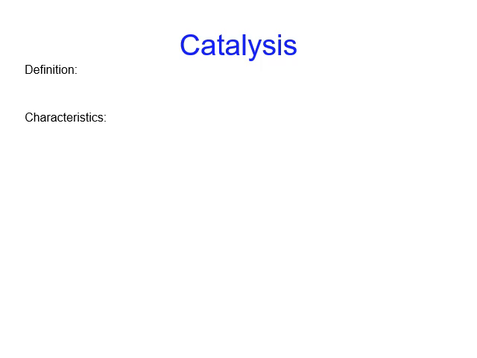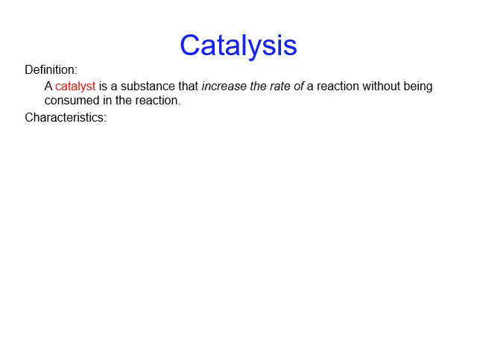In kinetics, the catalyst plays a very important role. A catalyst is a substance that increases the rate of reaction without being consumed. This is very important because many factors can affect the reaction rate, but only a catalyst can change the rate without being consumed in the overall reaction.